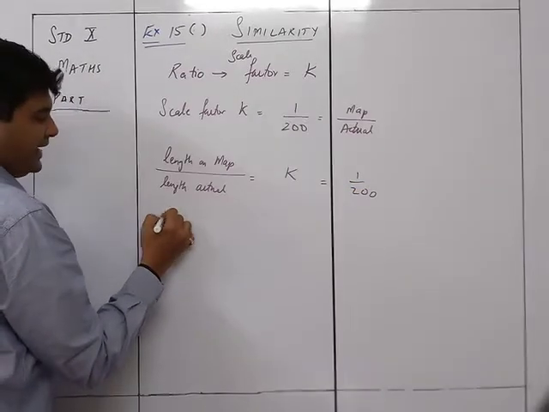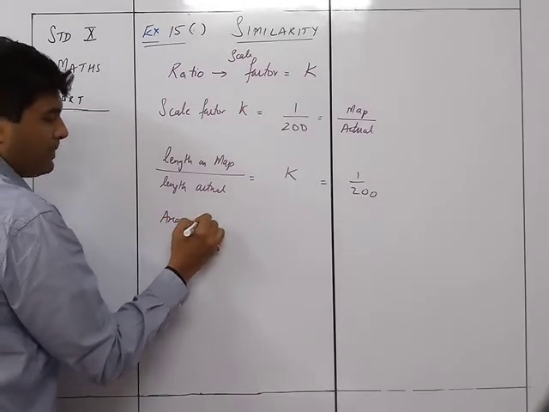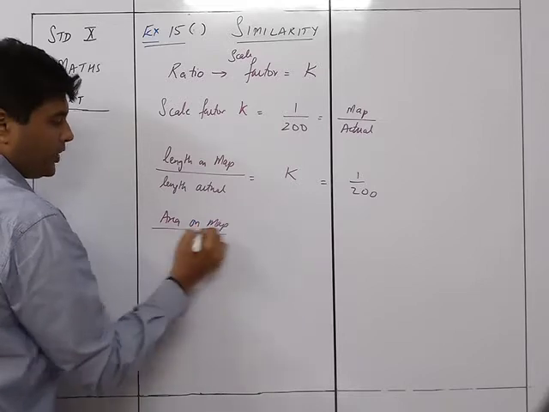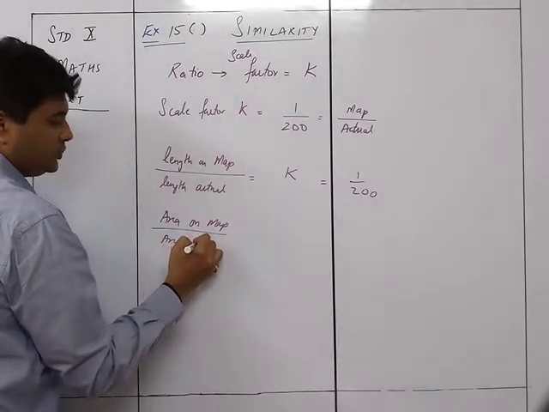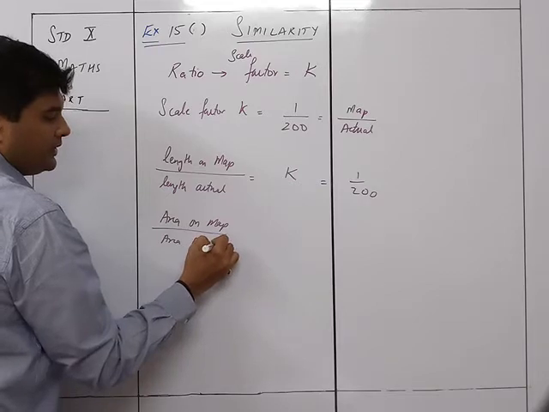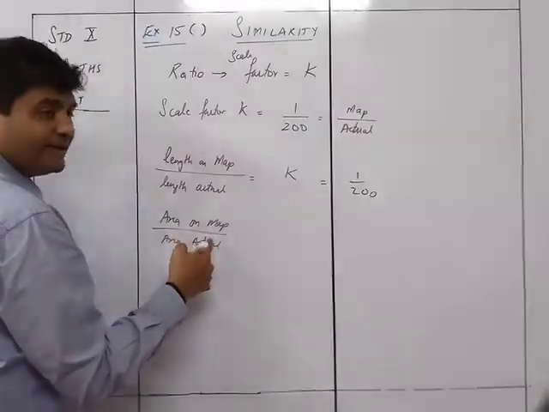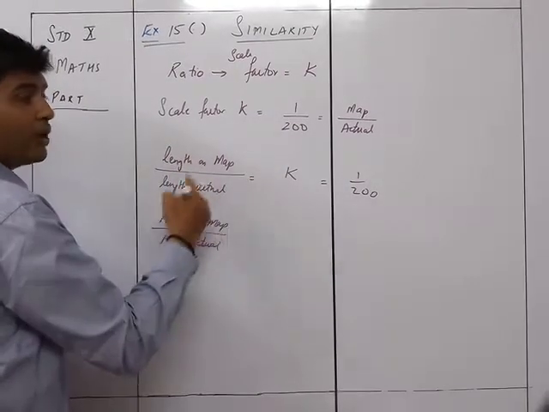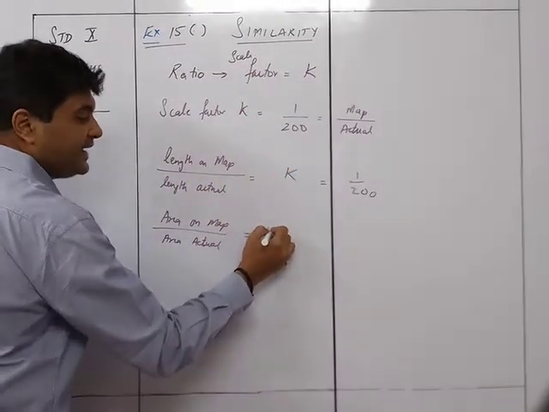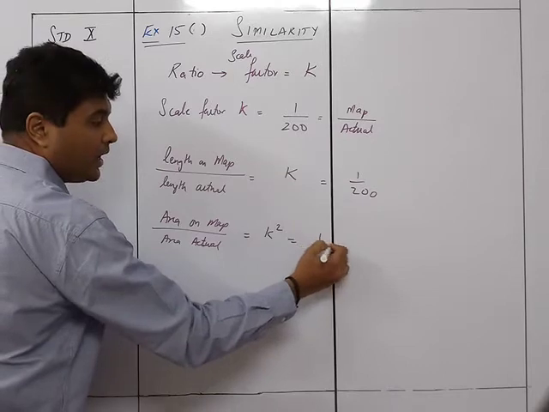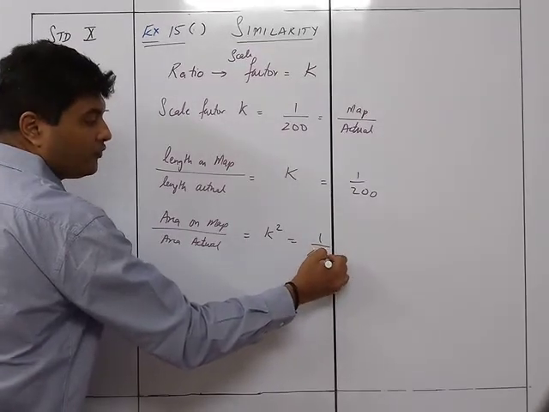The next is area on map upon area actual. Now we very well know area is length into breadth. So length into breadth means k for the length and k for the breadth, hence it is k square. So it will be 1 upon 40,000.